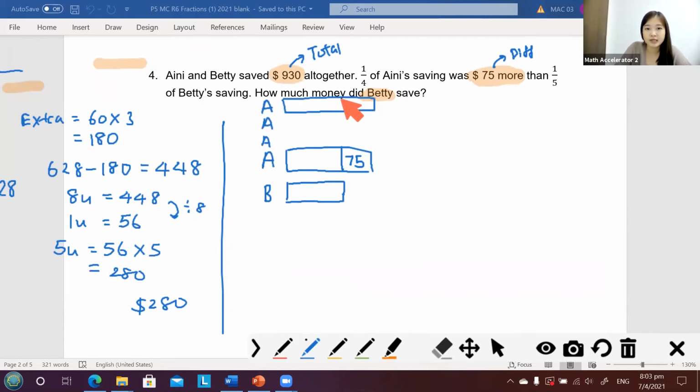Make sure you have space, now you have to squeeze. So 1, 2, 3, 4, we have 4 of Aini. If you haven't drawn the model, go and draw it now. Stack up Betty. How many more must you draw?